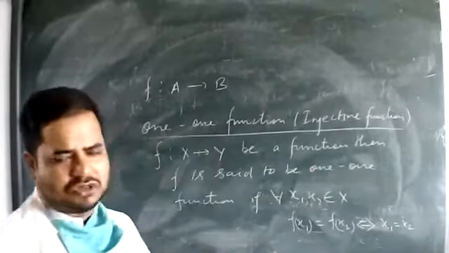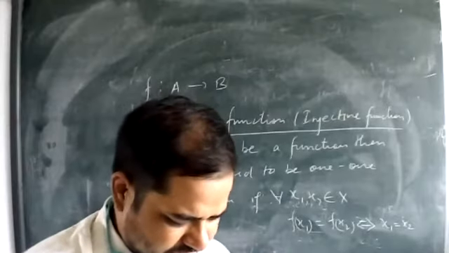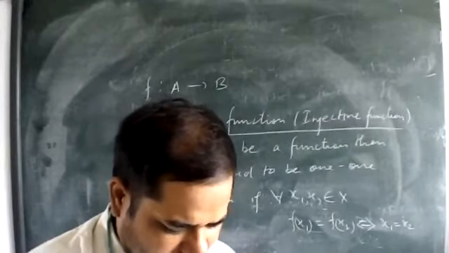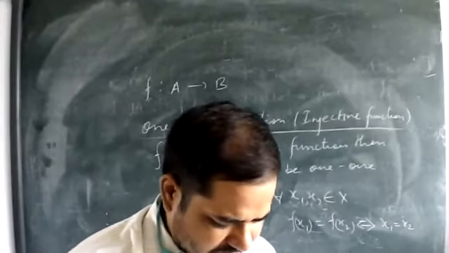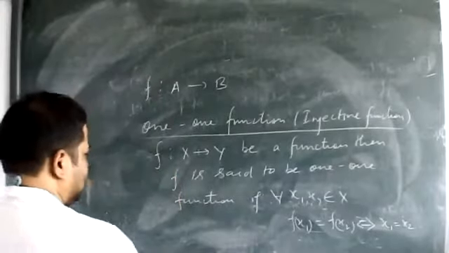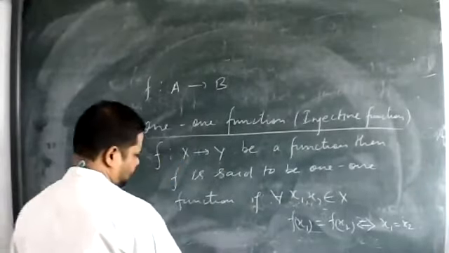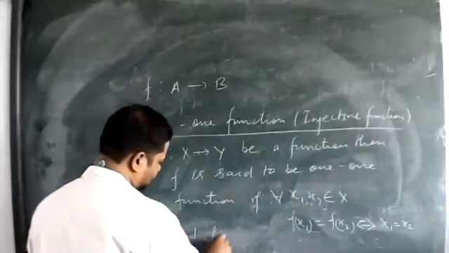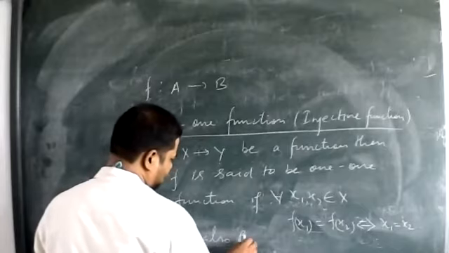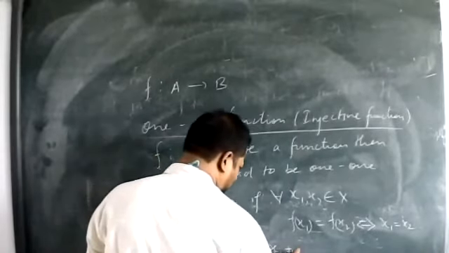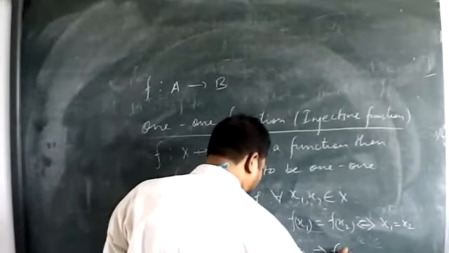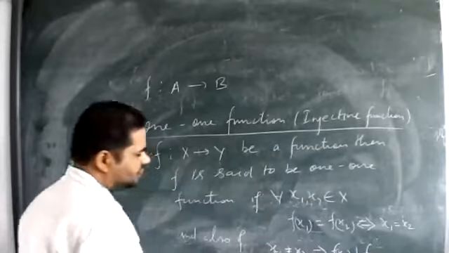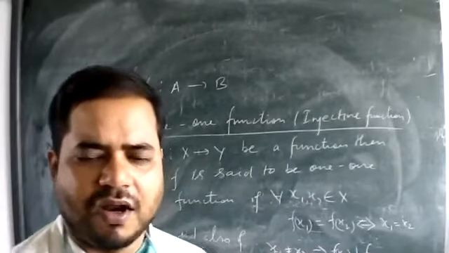अब ये इंप्लीकेशन दोनों साइड का है, fx1 fx2 के इक्वल है तो x1 x2 के इक्वल होना चाहिए और ये तभी फंक्शन होगा अगर x1 does not equal x2 and this implies fx1 does not equal fx2. This is the most important thing. And also if x1 does not equal x2 and this implies fx1 does not equal fx2, in this case also the given function is one-one function.